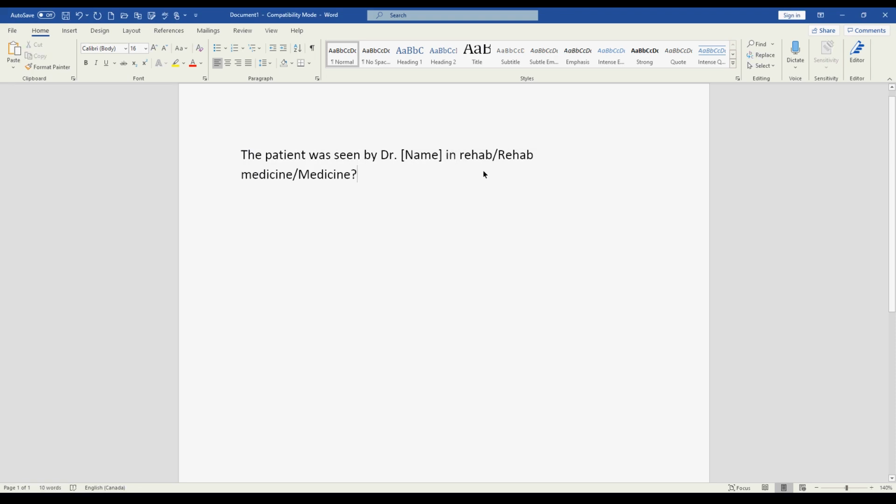It's not a therapy being done to them physically, like the patient had occupational therapy. So we're talking about the actual therapy being done. But in rehab medicine, we're actually talking about the department.